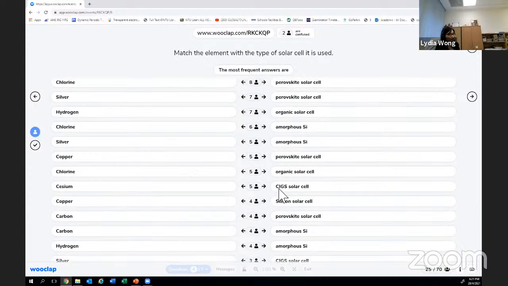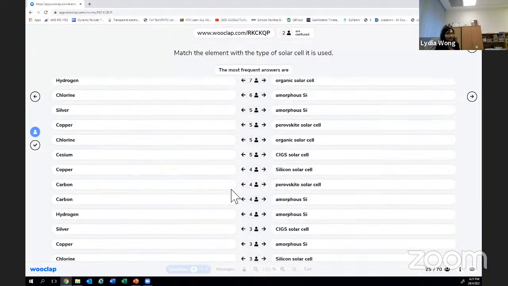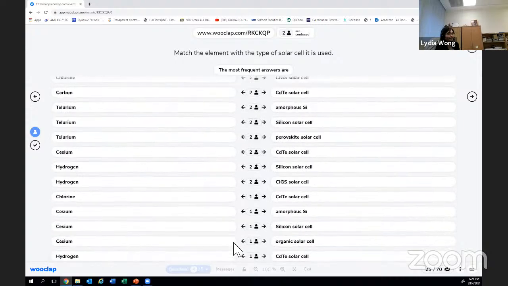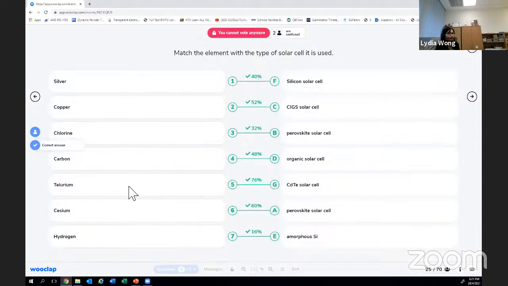Cesium in CIGS, no. Copper in silicon, no. Carbon in perovskite, yes. Carbon in amorphous, no. Hydrogen in amorphous, yes. Silver, CIGS, correct. Anyway, let me show you the correct answer. Silver in silicon solar cell, copper in CIGS, chlorine in perovskite solar cell, carbon in organic solar cell, tellurium in CdTe, cesium in perovskite, and hydrogen in amorphous silicon.